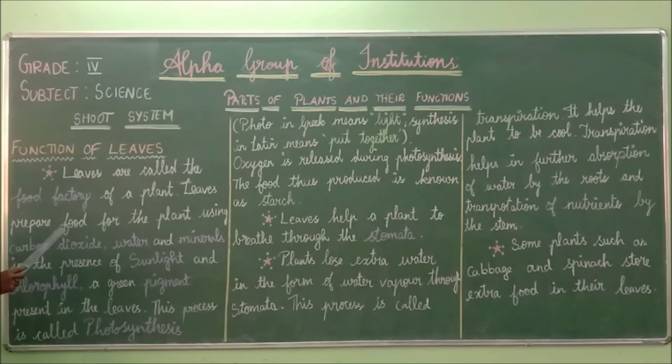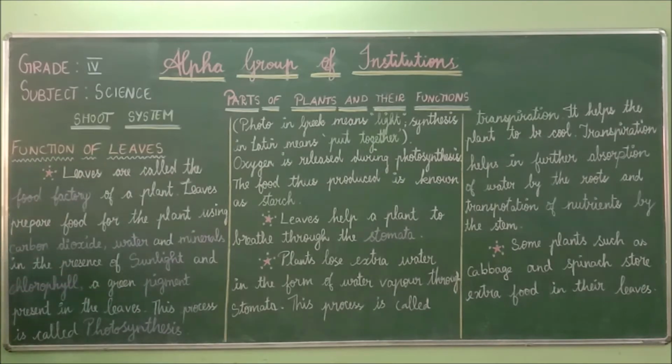Leaves prepare food for the plant using carbon dioxide, water and minerals in the presence of sunlight and chlorophyll, a green pigment present in the leaves. So the leaves are going to prepare food with the use of carbon dioxide, water, minerals in the presence of sunlight.